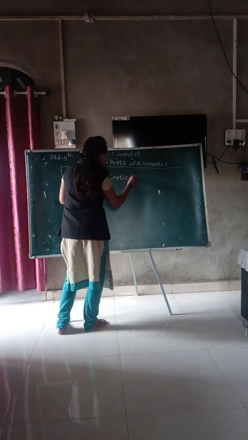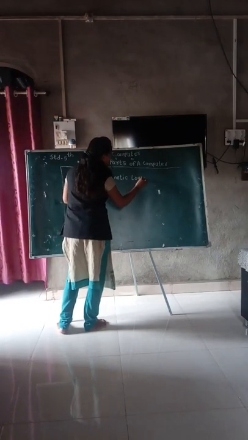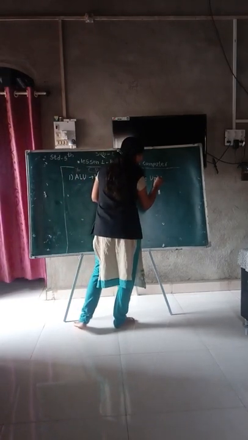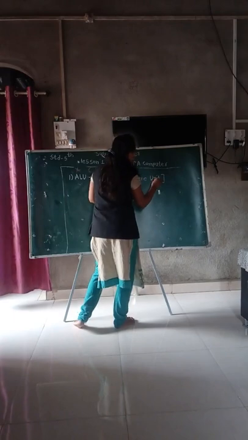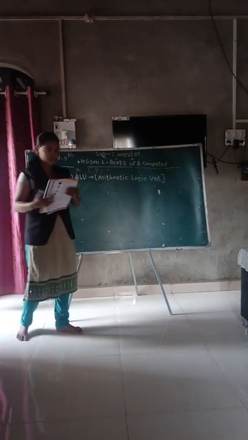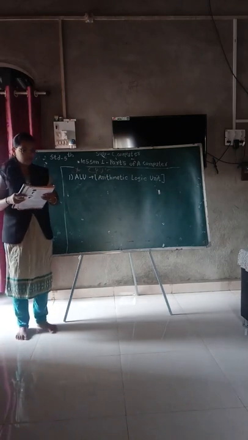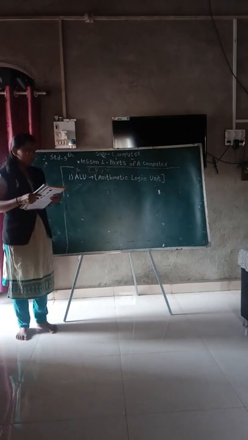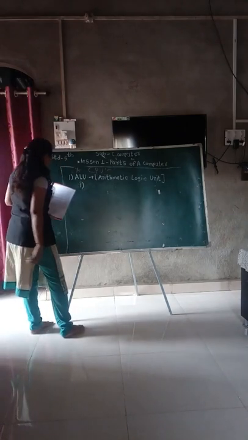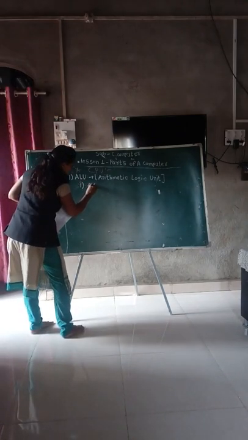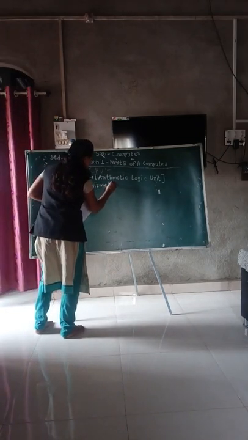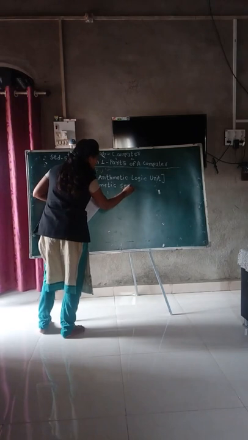The Arithmetic Logic Unit consists of two subsections. The first section is the arithmetic section, and the second one is the logic section.